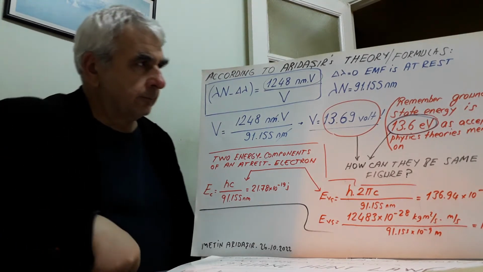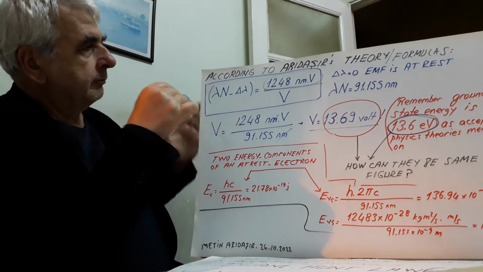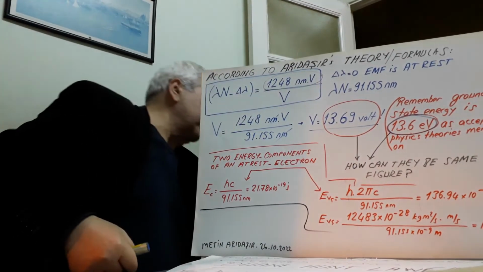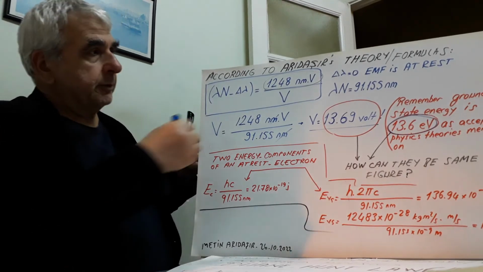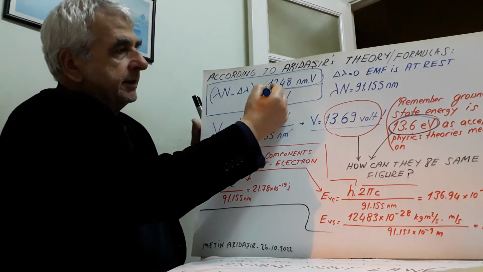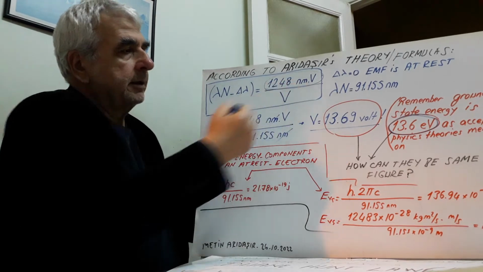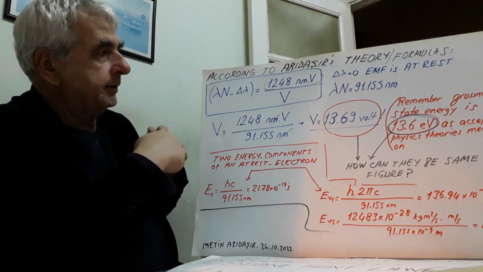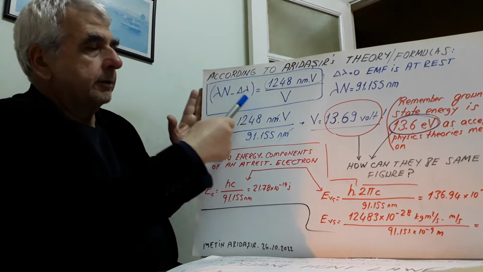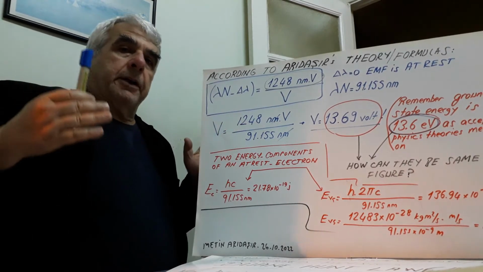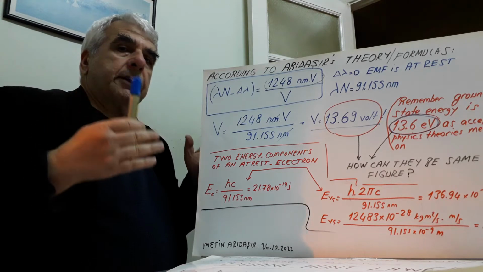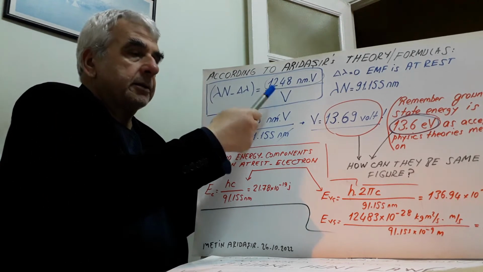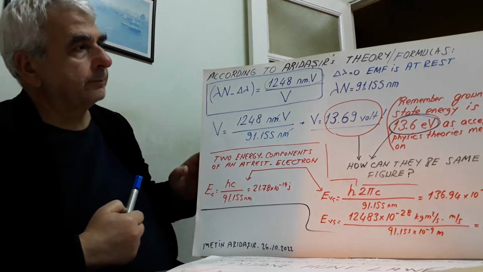Think of this as constant. According to my formula, this is constant. Nanometer voltage. One of my formulas. This is for applied voltage accelerated electron motion form. This is one of my formulas.